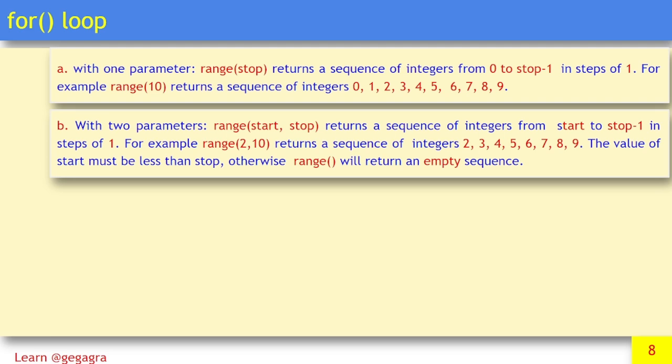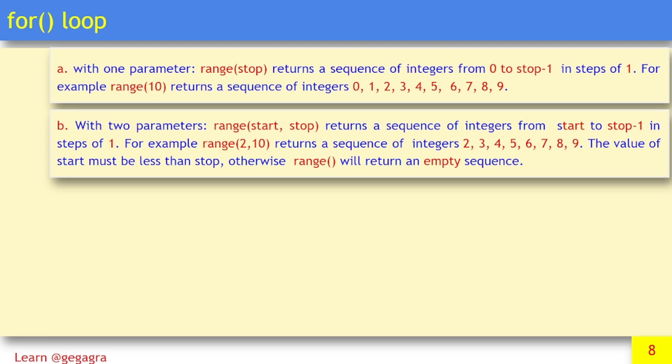So it will return the sequence of integers 2, 3, 4, 5, 6, 7, 8, 9. The value of start must be less than stop, otherwise range will return an empty sequence. So if you write 10 comma 2 instead of 2 comma 10, it will return the empty sequence.